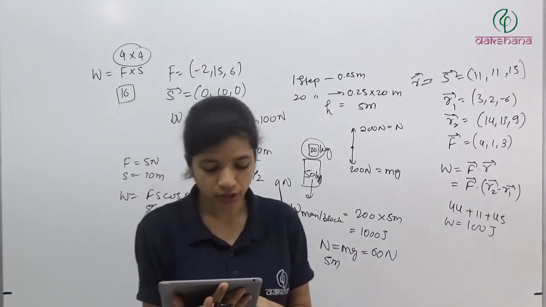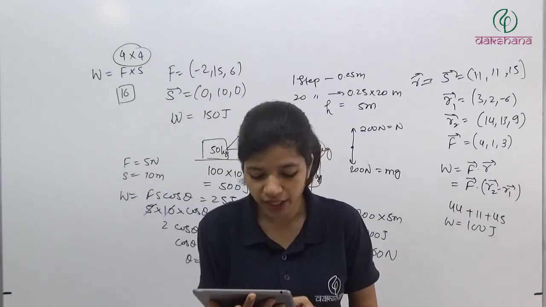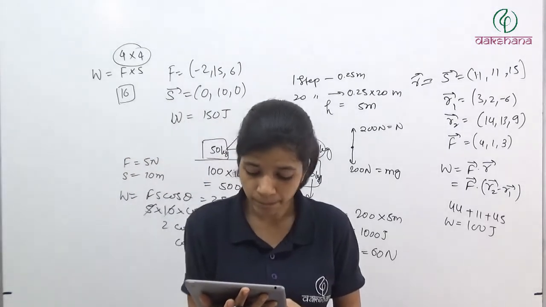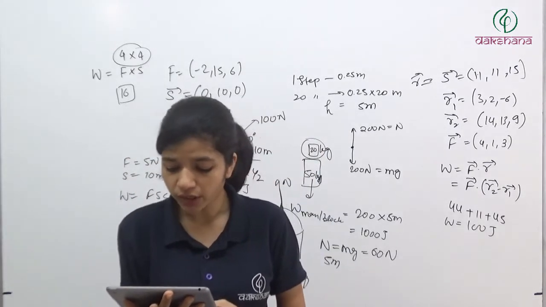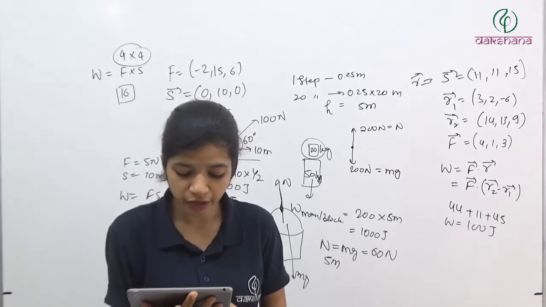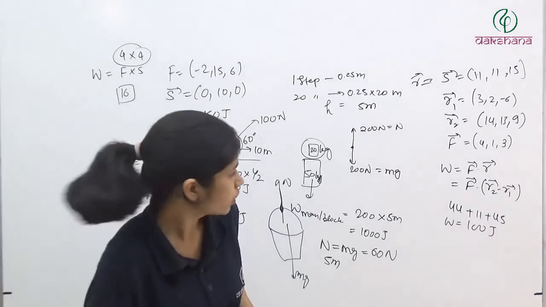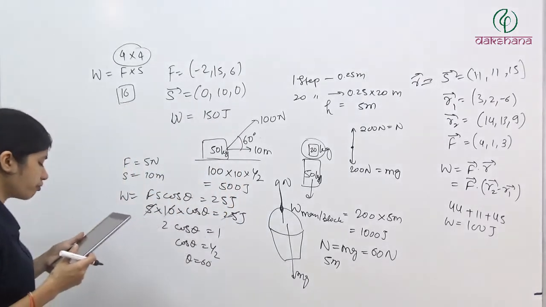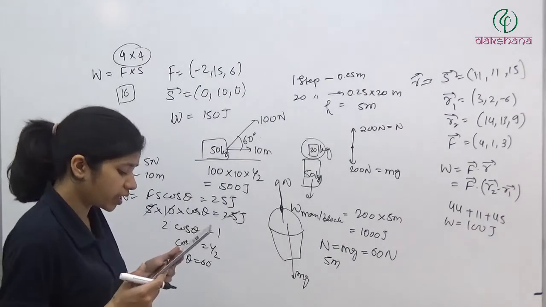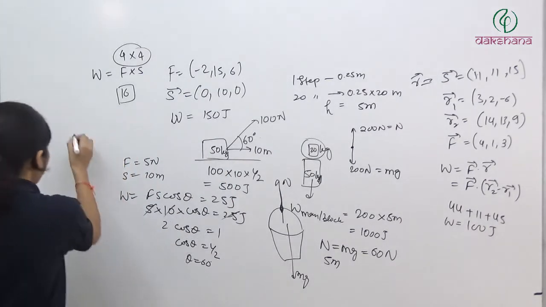Option is first. A9. A box of mass 1 kg is pulled on a horizontal plane of length 1 meter by a force 8 Newton, then it is raised vertically to a height of 2 meter. The net work done is. So here we have a box of mass 1 kg pulled in horizontal plane of length 1 meter by a force of 8 Newton.